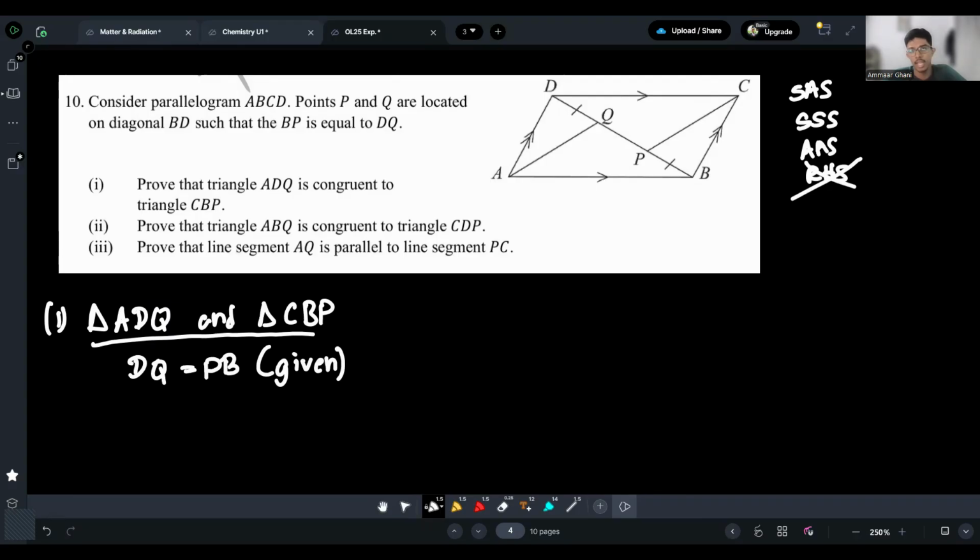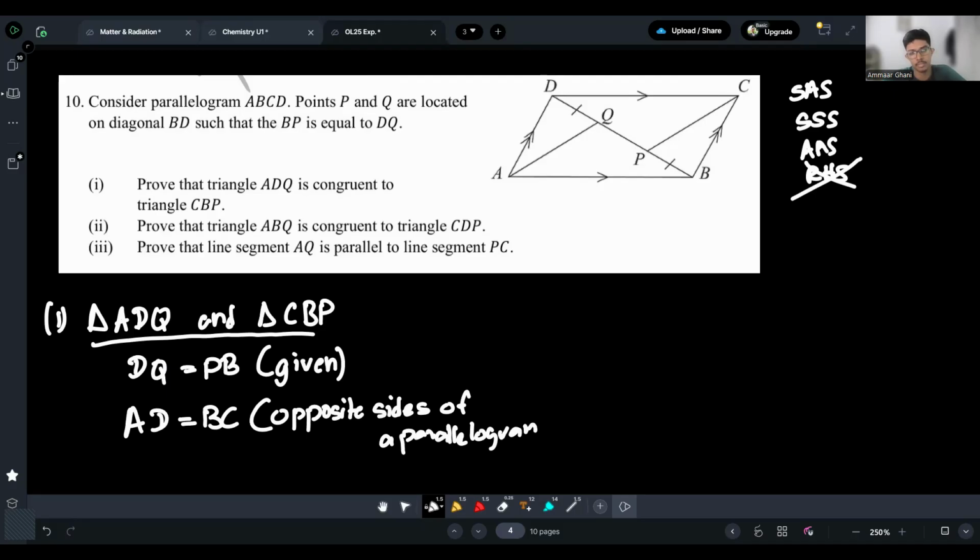Okay, then you can tell AD is equal to BC. Why? Because it's the opposite sides of a parallelogram. You can tell opposite sides of a parallelogram. So next we show the angle which is ADQ.